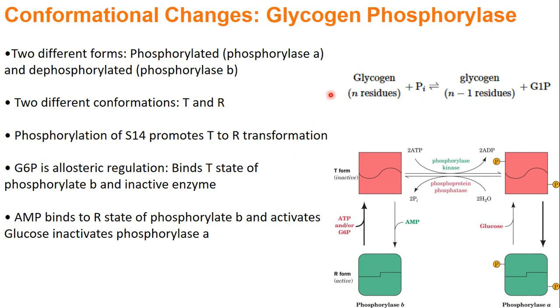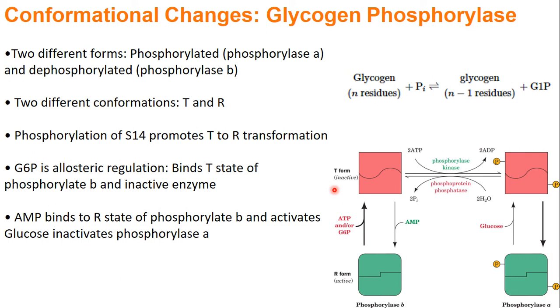So glycogen phosphorylase has 2 different forms. It has a phosphorylated form and a dephosphorylated form. So the phosphorylated form is phosphorylase A, which is on the right here of this picture. The dephosphorylated form is phosphorylase B, which is on the left side of this image.